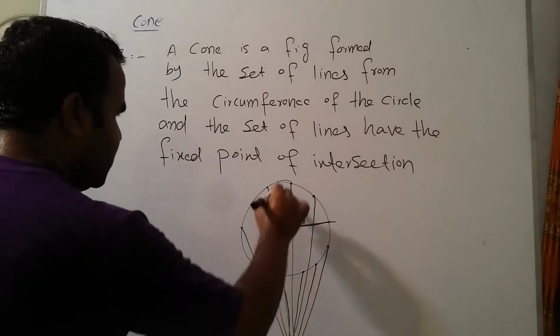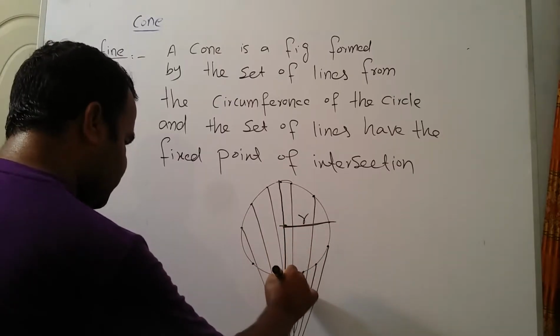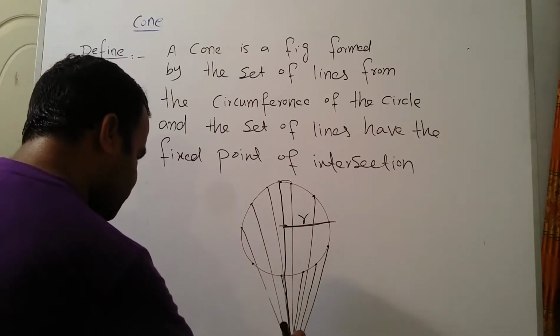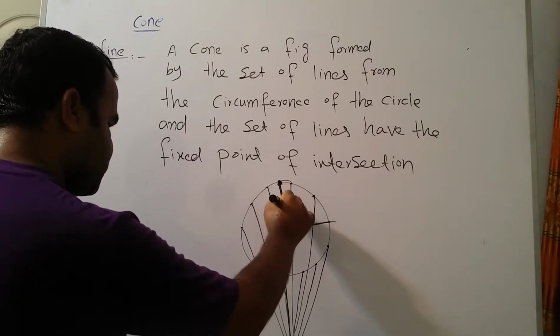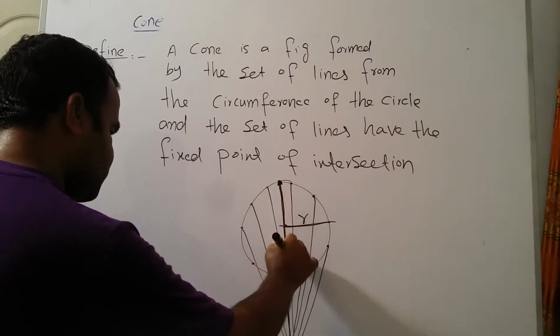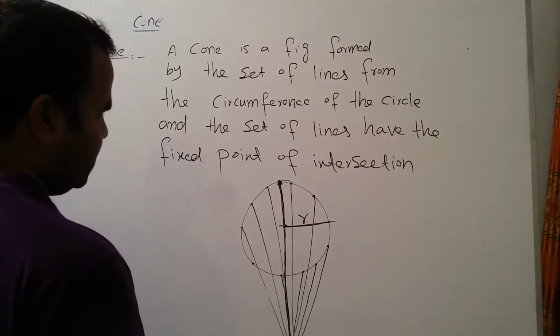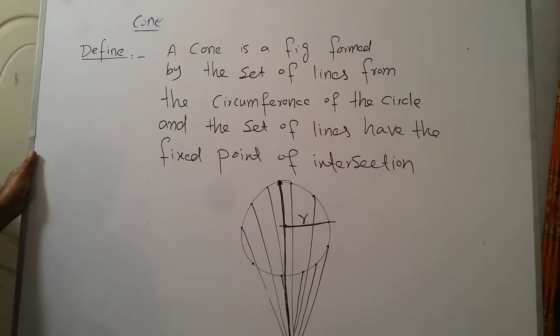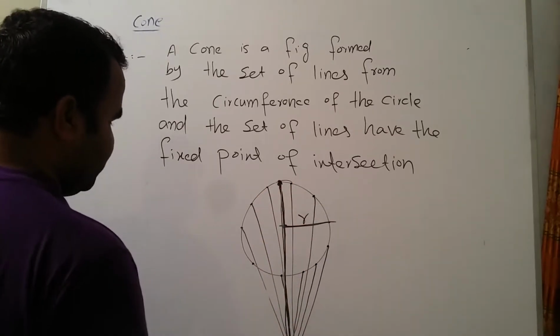And the line that passes through the center of the circle and meets at the vertex is called the axis of the cone. So this line is called the axis of the cone.